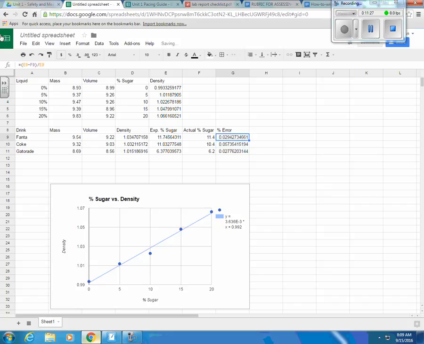You can add times 100 up here if you want to, or you can highlight all three of these and press this button right here, format as a percent. So now it's 2.94% instead of 0.0294. Had we multiplied this formula by 100 and not pressed this button, you would have gotten 2.94, it just wouldn't have a percent sign on it.